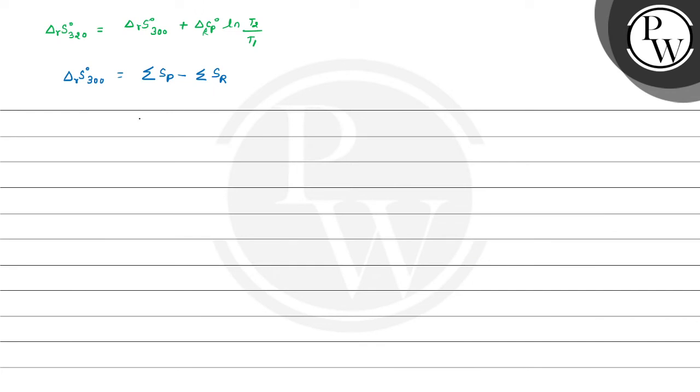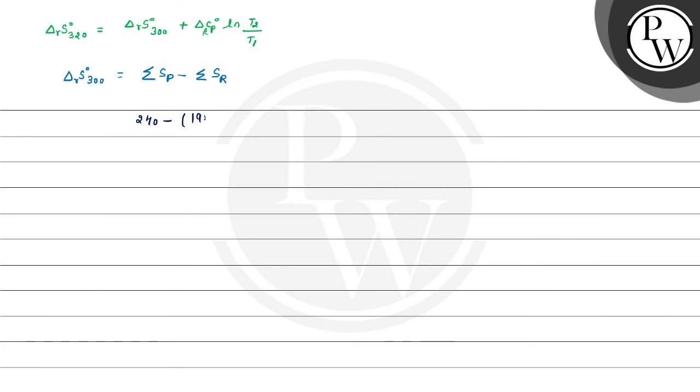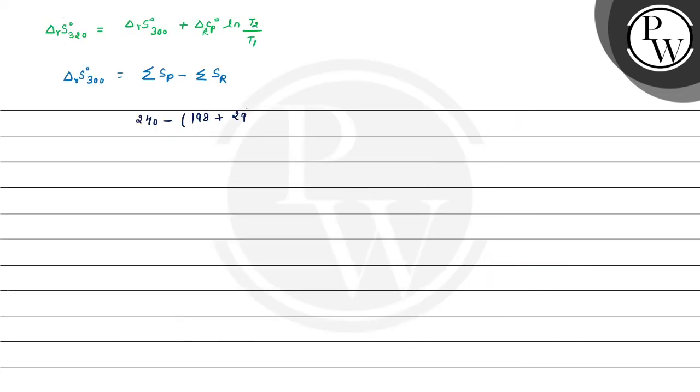So we write 240 minus the value for H2, which is 29, and for CO is 198. So 198 plus 29 multiplied by 2, because 2 moles are present. So finally it comes out to be minus 16 joule per Kelvin per mole.